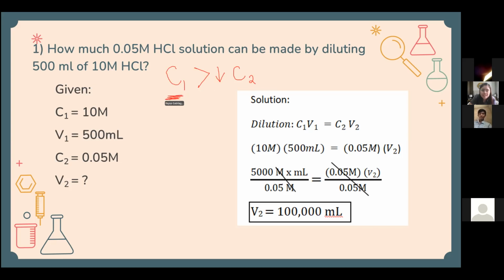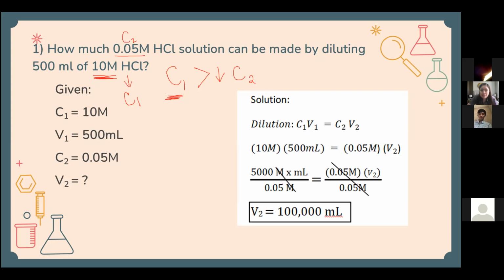That is our original solution. So as you can see, 10 M compared to 0.05 M, this one is larger, thus this will be the original concentration, and this is automatically the new concentration of the solution.